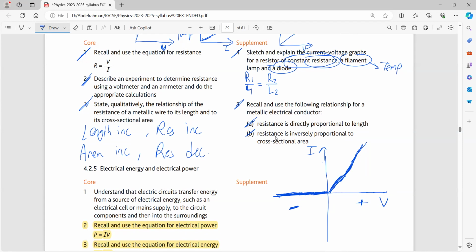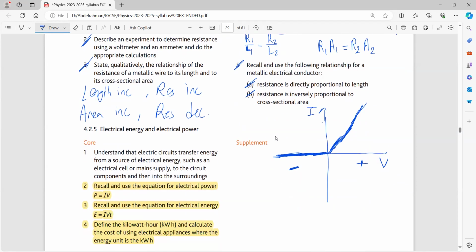What about the area? I will have to use an inversely proportional relationship, which is R1 A1 equals R2 A2. Why? Because the area is inversely proportional to the resistance. Okay? Okay, nice.